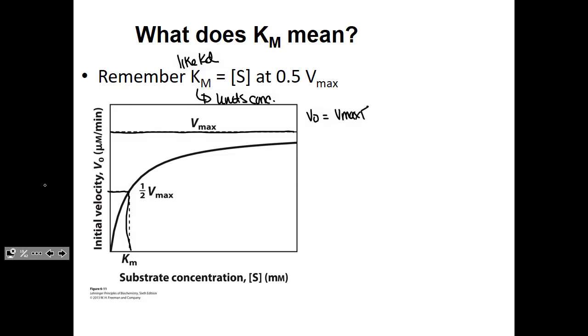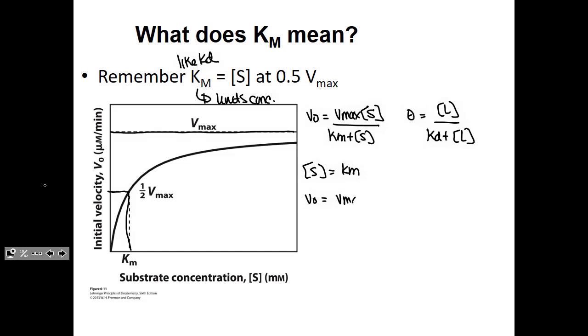All right, so we have our expression for the Michaelis-Menten equation. We can relate that to theta. Instead of just binding, now we're looking at a rate. All right, we know that if substrate is equal to Km, we can plug it in for the above reaction.